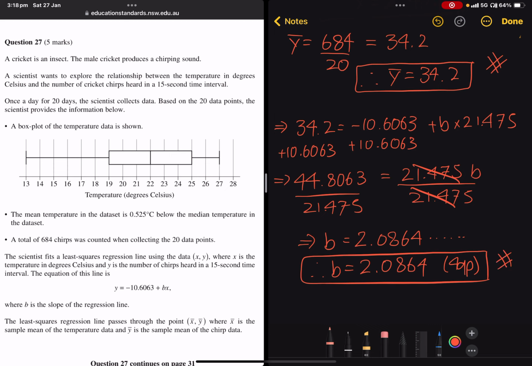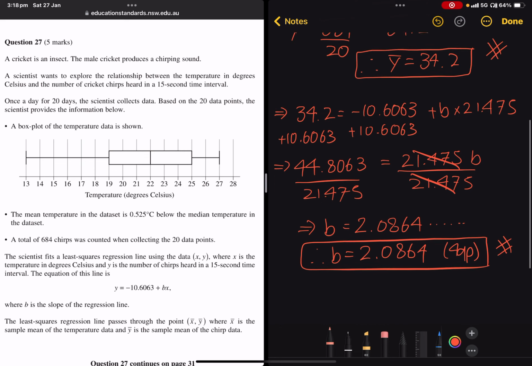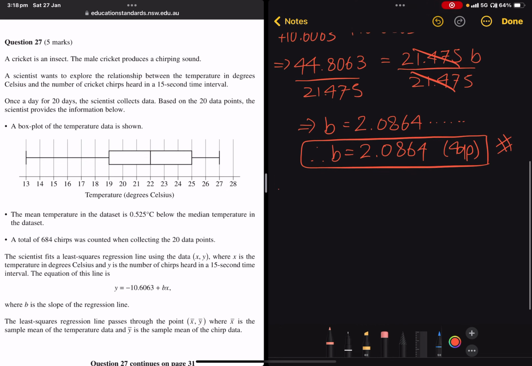This completes our least squares line of best fit, because we now know that our line of best fit is y is minus 10.6063 plus 2.0864 times x. In the question, we were told if the temperature is 19, calculate the expected number of chirps.